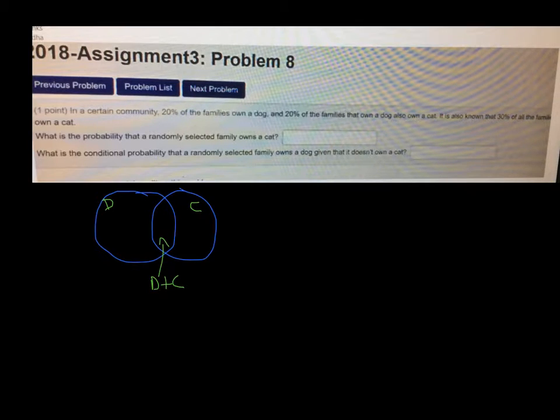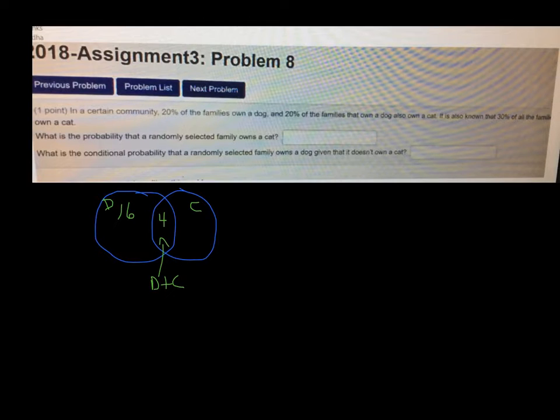So 20% of 20% is just 4%, right? So if we had 100 people, then 4 of them would have a dog and a cat, and 16 of them would have just a dog, and that makes up the 20 out of 100, which is the 20%.